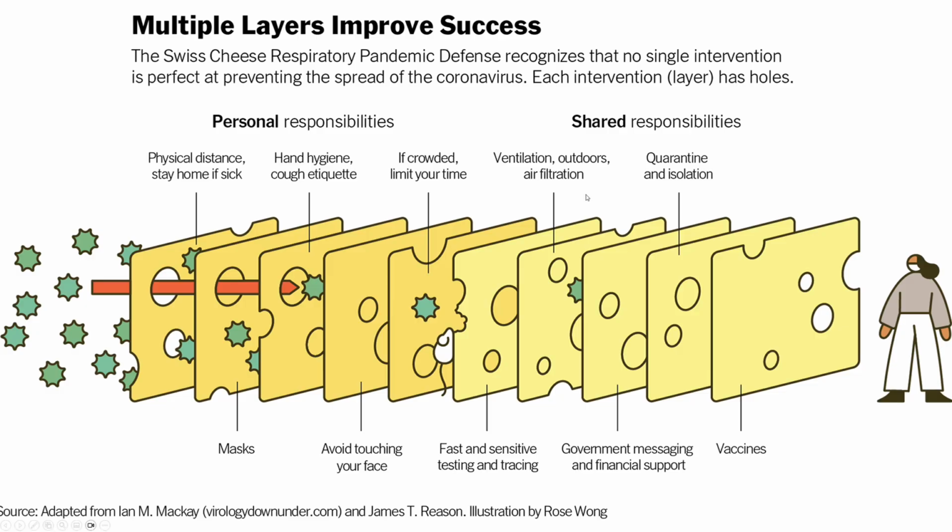So let's say ventilation or outdoor air filtration was down for whatever reason, a mechanical failure. But I also like this one, where if it's crowded, limit your time in the space. Okay, well, what's crowded mean? Do the holes then expand based on the count of people in a space? How do we understand that, right?